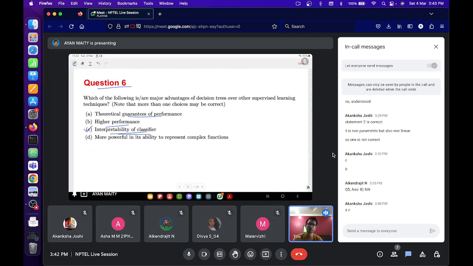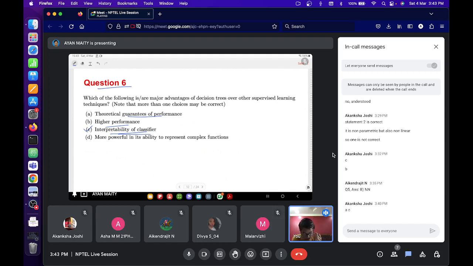So interpretability is very high. You can literally see how different values of different variables influence the output. That is why interpretability is a major advantage for decision trees.